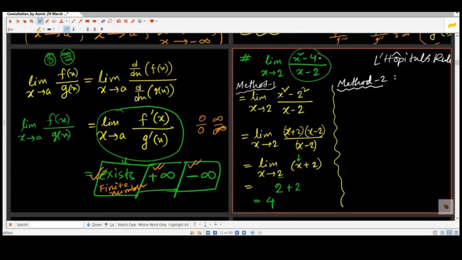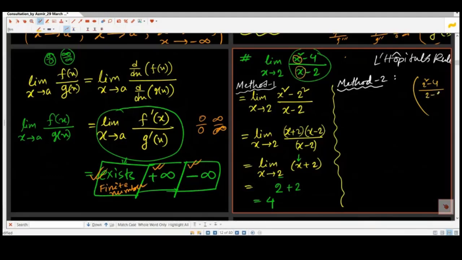In step 1, we have to check whether it is of 0 over 0, infinity over infinity or not. Let's check initially. Here we have the location of x. Let's input 2 where we have x. So in the numerator, x squared minus 4 is 2 squared minus 4, and in the denominator, x minus 2 is 2 minus 2.